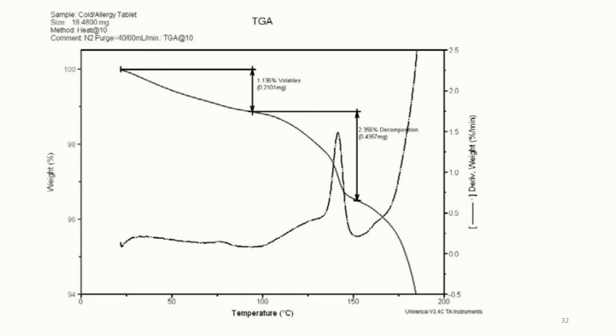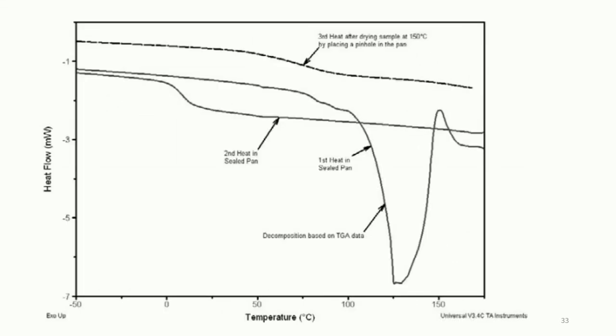This means that differential scanning calorimetric experiments need to be performed in hermetic pans in order to avoid a large endothermic evaporation peak that could hide other weaker transitions. The differential scanning calorimetric data for this material is shown in this picture.